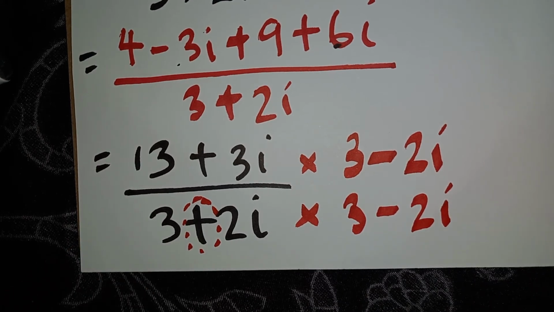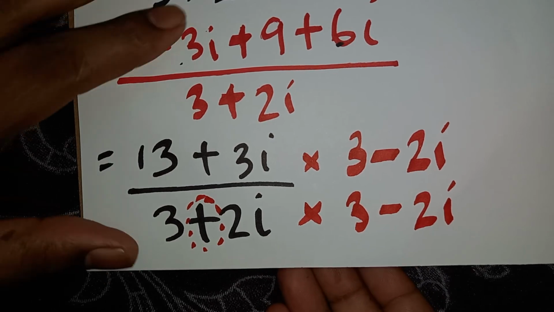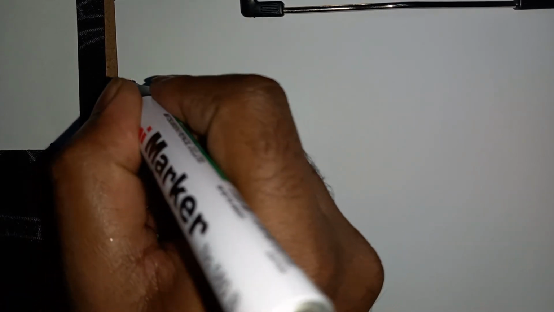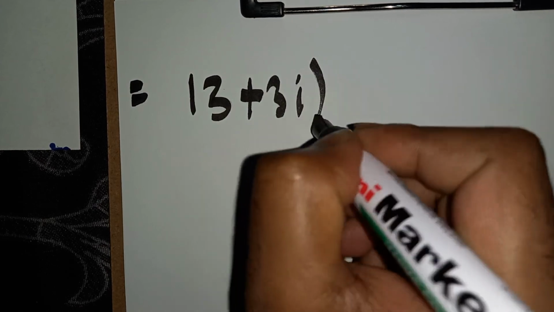Now the things are very simple. You are going to carry out the same steps like you did for example 1, right? So let's do that on this side. Let me just rewrite this here so it is visible. So you have 13 plus 3i, that is what we had.